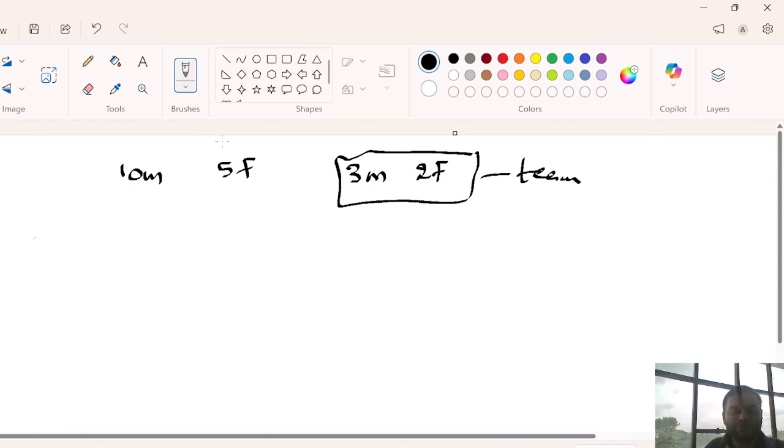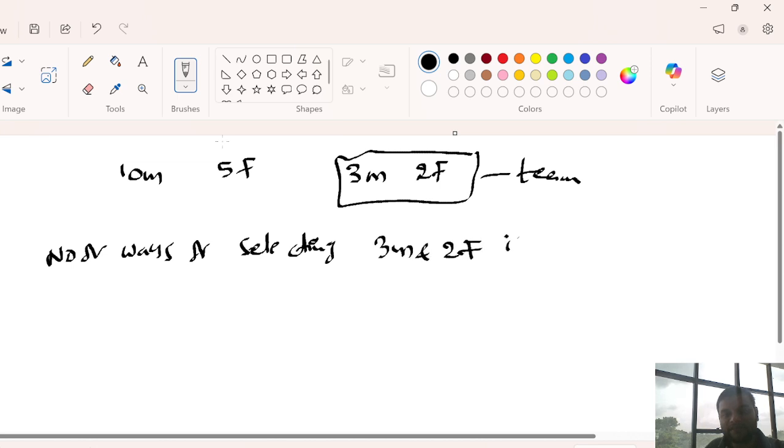So the number of ways of selecting 3 males and 2 females is as follows.